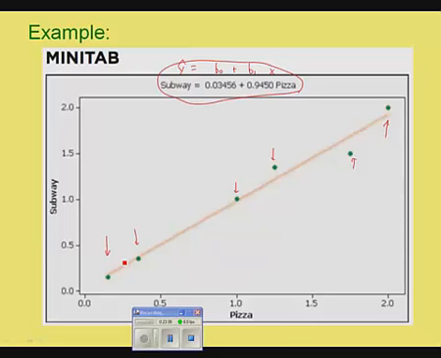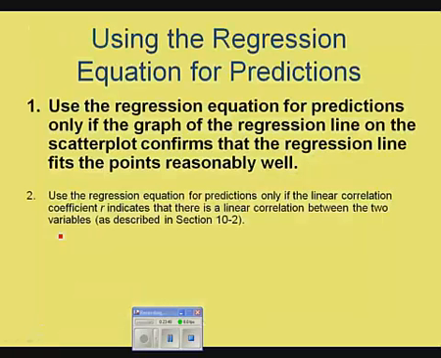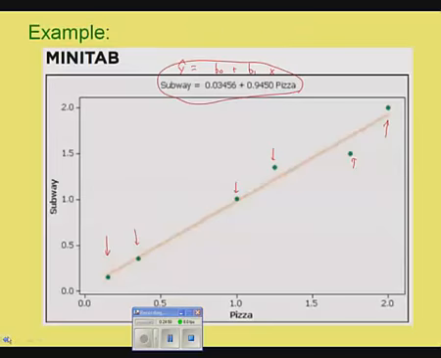You guys follow that? So what do you think? Does it fit the data pretty well? Yeah. Okay. Now, use the regression. Why do we do this? Sometimes we do this to make a prediction. So, for example, if I go back to the picture, can you tell me what these green dots represent again?